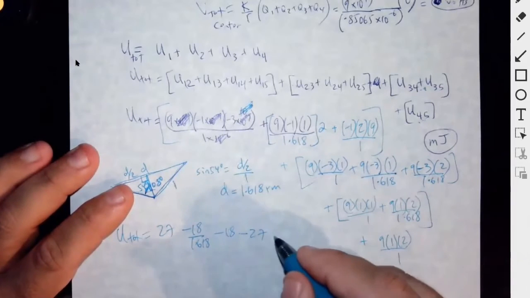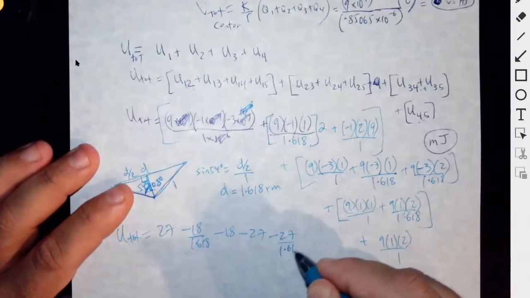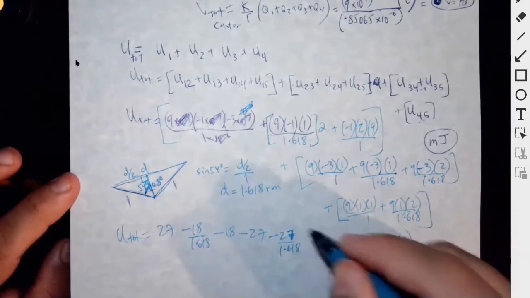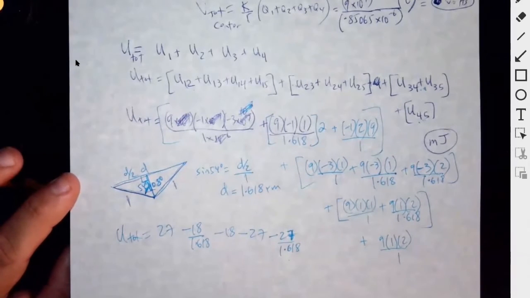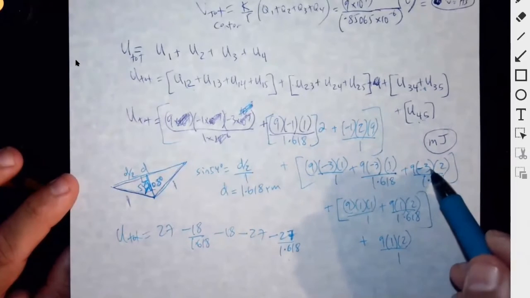This is going to be negative 27 over 1.618. And this is the largest one.